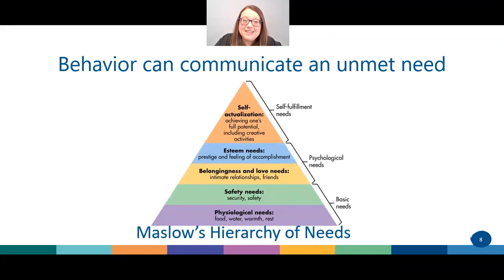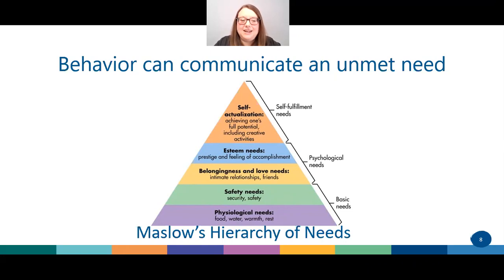And it really makes sense that that would come after our physical, safety, and relationship needs have been met, because it's hard to focus on accomplishing a goal or even setting a goal if you're hungry, if you're dehydrated, if you're tired, if you don't feel safe and you're constantly on alert for dangers. And it's also hard to work on our goals and to achieve our goals if we don't have people in our lives that are supportive of our goals. So it completely makes sense to me that a sense of achievement and accomplishment and having self-esteem comes after those first three needs that we see at the bottom of the hierarchy.